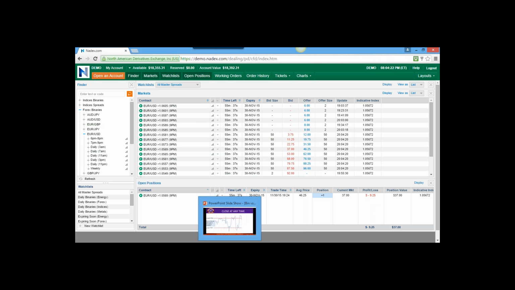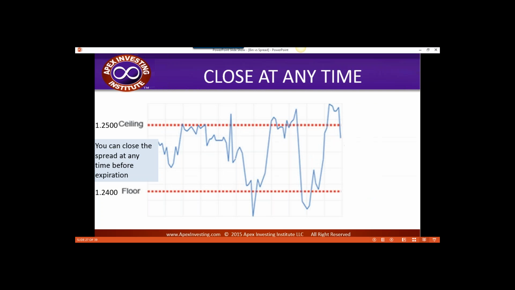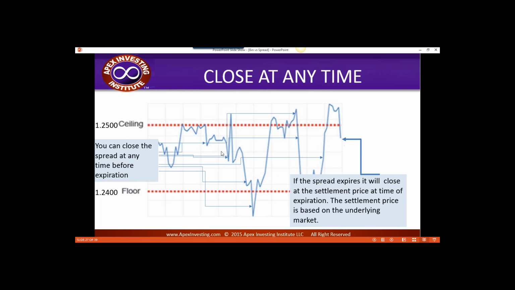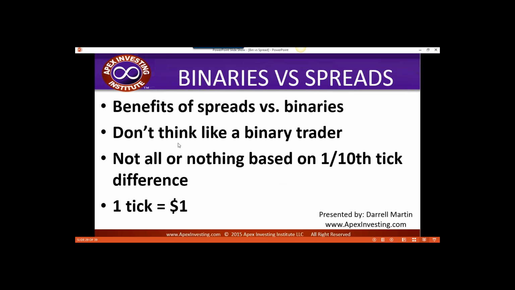So everybody sees that though, right? Where I buy this for $88, market moves 8 ticks against me, I lose $88. Spread moves against me by 8 ticks, I only lose $8. Okay, so that's a big thing to consider there, right? That's a pretty big difference. Now, so again, spreads are not all or nothing.